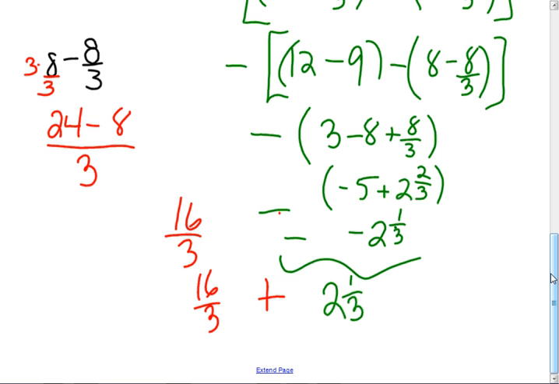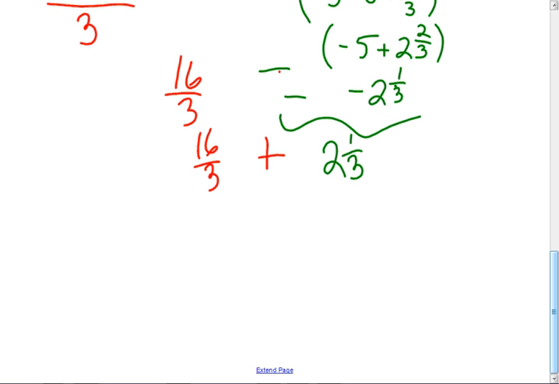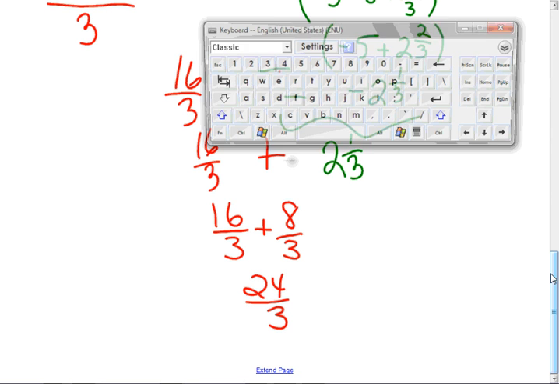Want to change that to an improper fraction? That's 8/3, right? Oh, I said it was 23/3. I remembered it wrong. No, it's not. We made a mistake someplace. Oh, yes, we did.